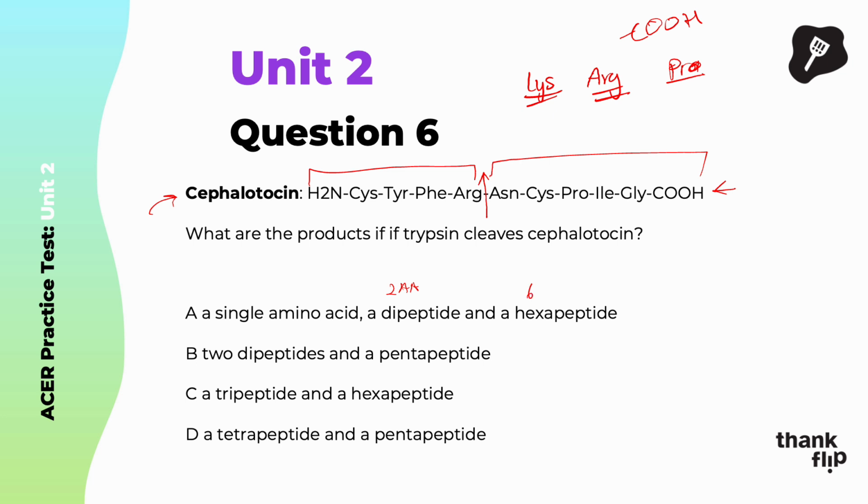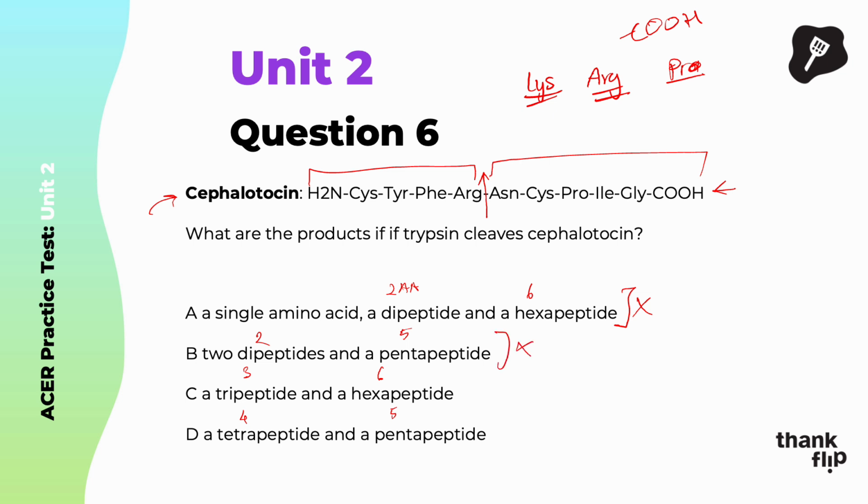And then here we have 2 amino acids again, and then 5, 3, 6, and then we have tetra, which would be 4, and penta, which would be 5. And so this one is incorrect because it's saying that there's going to be 3 chunks when we know there's only 2 from what we've kind of looked at here. Then we have 2 dipeptides and a pentapeptide, so that's wrong as well because we only have 2 chunks.